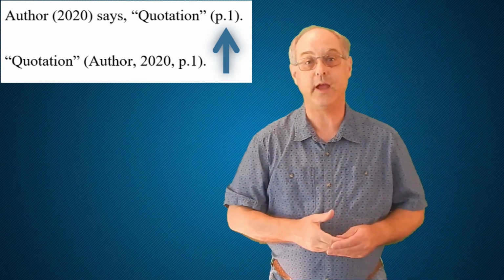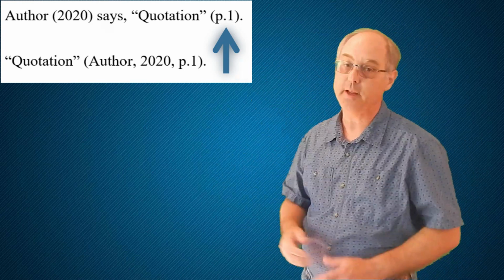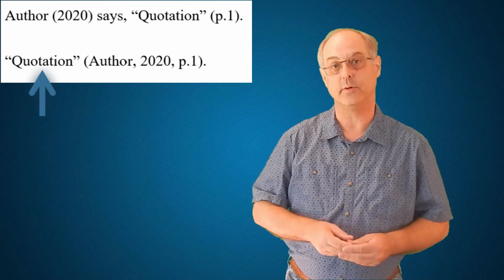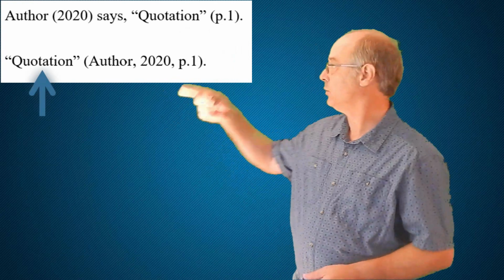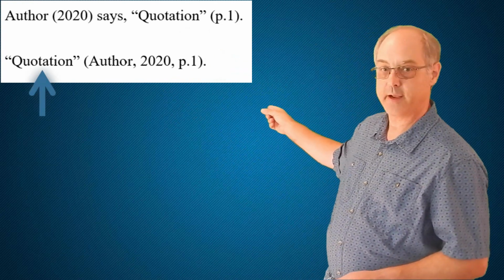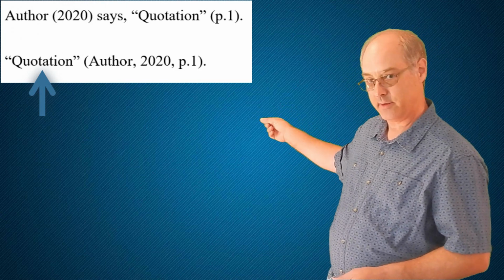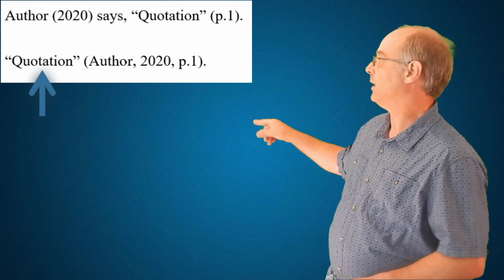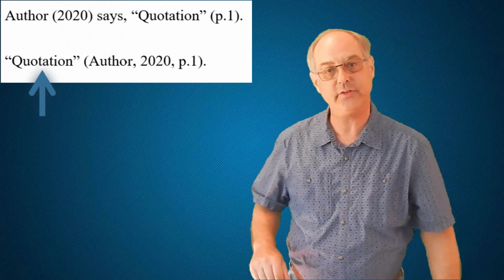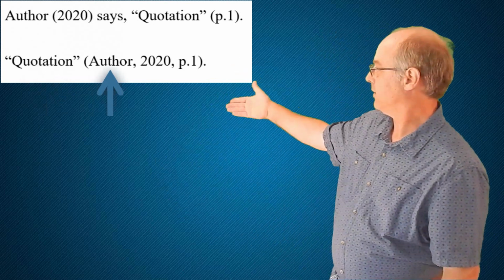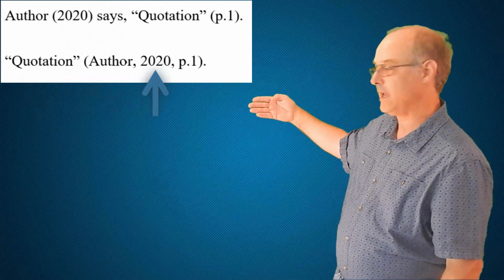Now sometimes if you haven't included the author's name in your quotation or paraphrase, then you will put that parenthetical citation at the end of the quotation or paraphrase, again inside of the parentheses with author name, comma, publication year.